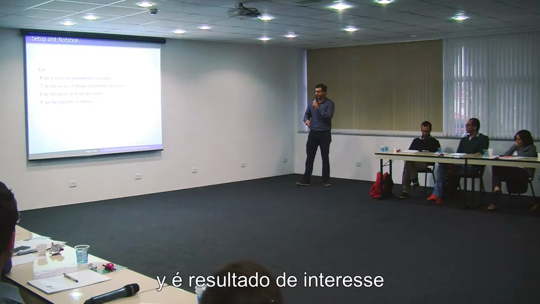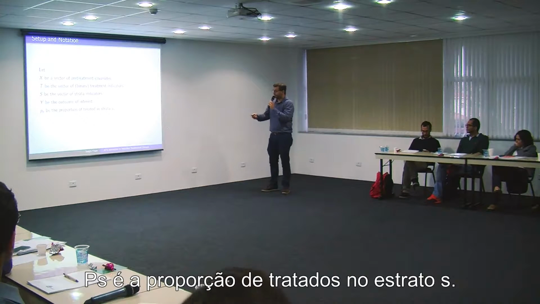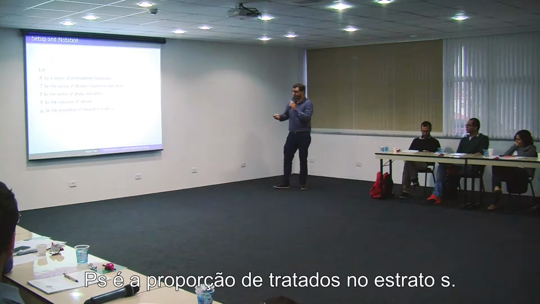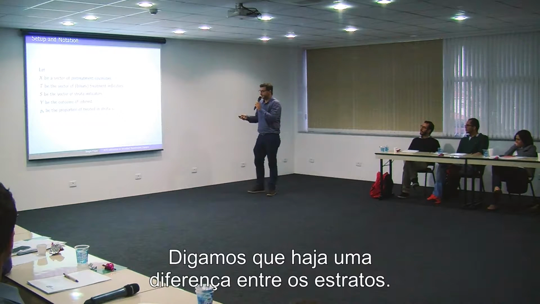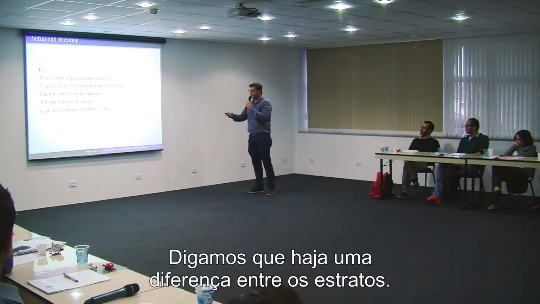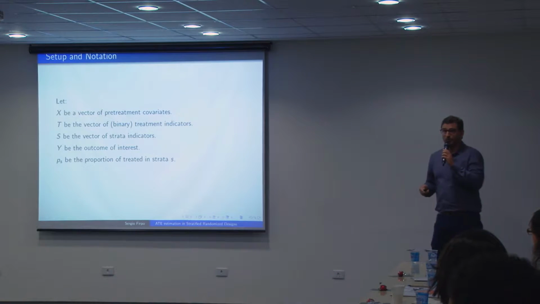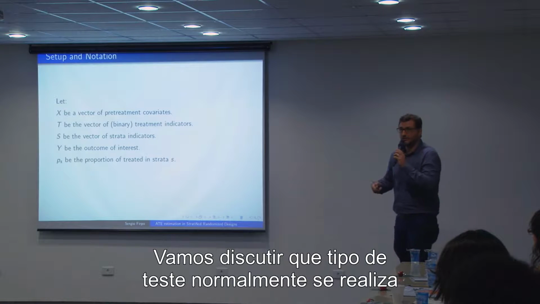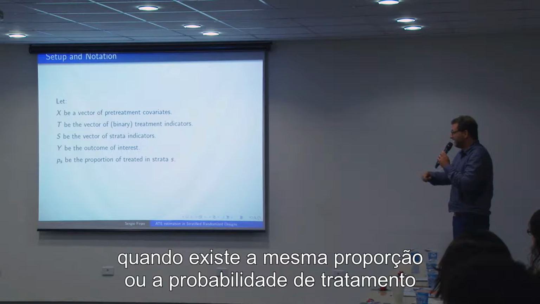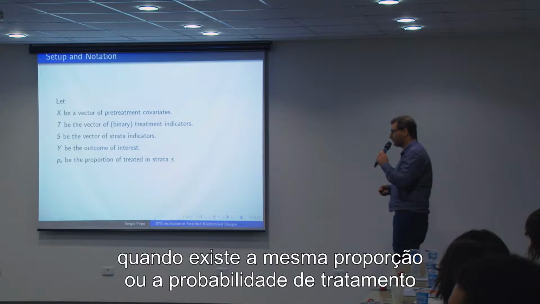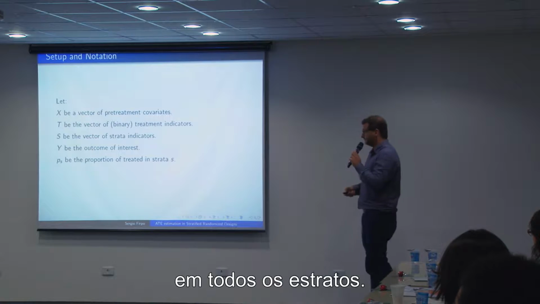Y is the outcome of interest, and P_S is the proportion of treated in stratum S. And that might be different across strata. We're going to discuss what kind of test people typically do when they have the same probability of being treated in all strata.